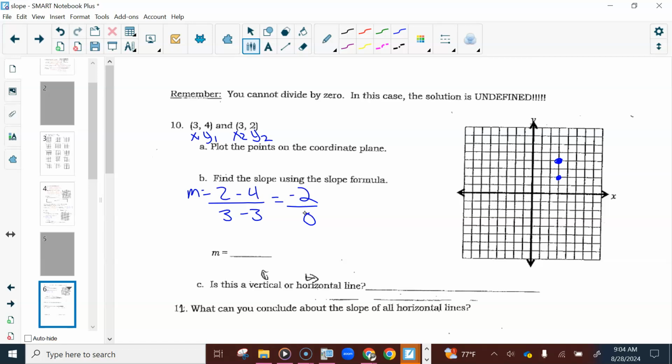When you see 0 in that denominator, you have to know that that is going to be an undefined slope, or UND. Are these points making a vertical or horizontal line? Vertical. So attempt to make a straight vertical line.